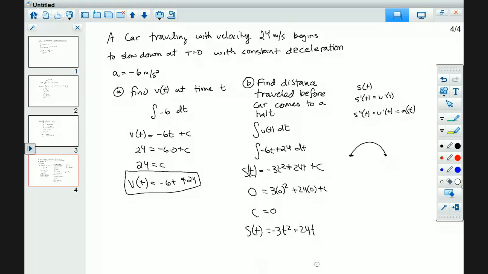So we have to figure out what time this happens and then plug it into the position function to give us how far we've gone. Minus 24t is 4. And what's s of 4? So we're here, and then we're here.